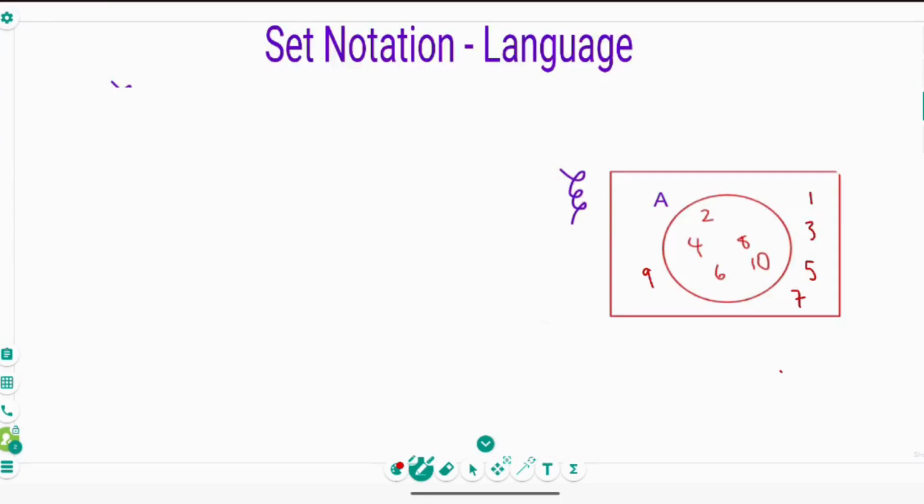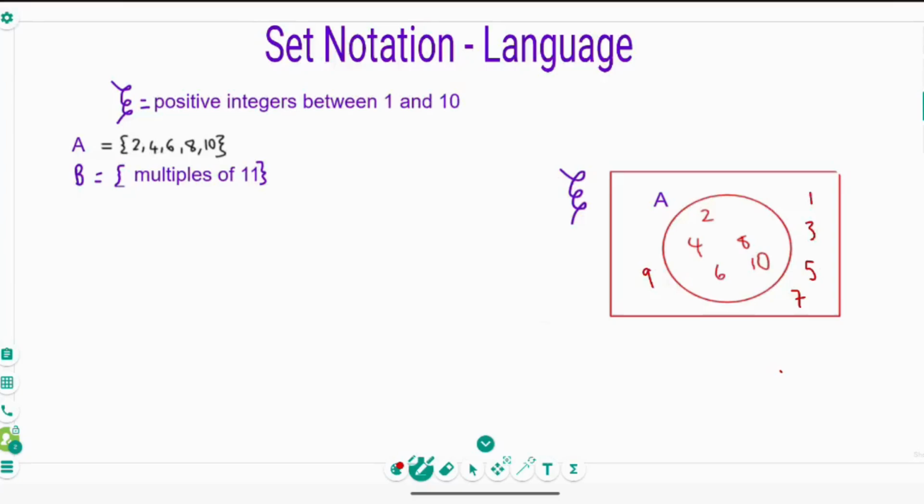Okay, right, so here we have a Venn diagram. And we've got A. We have a list of numbers in A: 2, 4, 6, 8, 10. And as you can see in that circle for A, we have the numbers 2, 4, 6, 8, and 10. Now, this strange symbol here means the universal set.